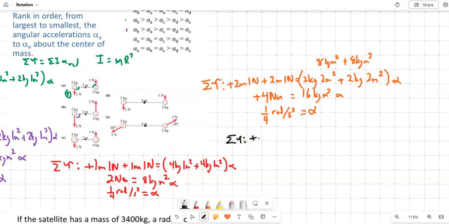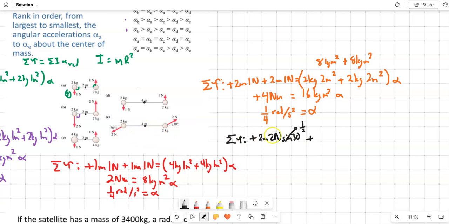So that would be a positive torque. This force is 2 meters away from the pivot point, and it's 2 newtons, but it's at a sine of 30 degrees. And if you remember, sine of 30 degrees is a half.